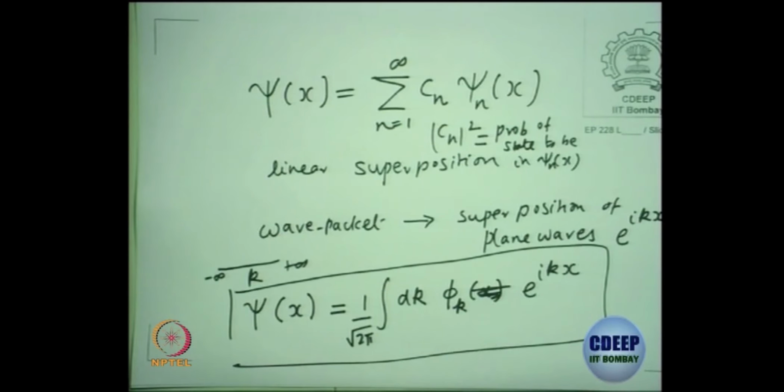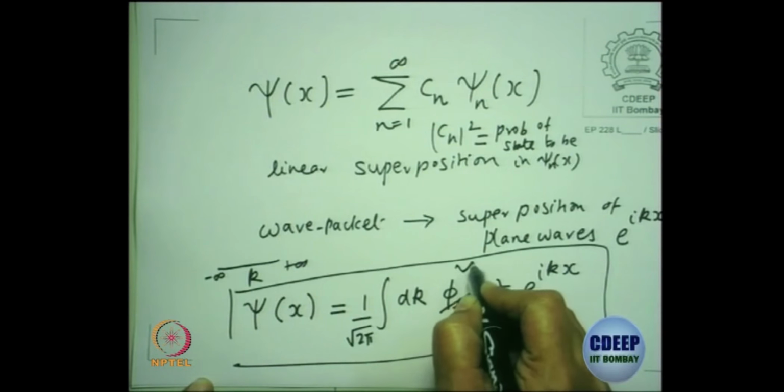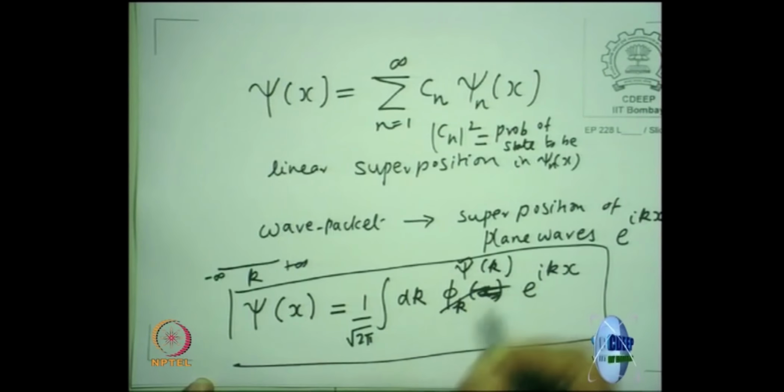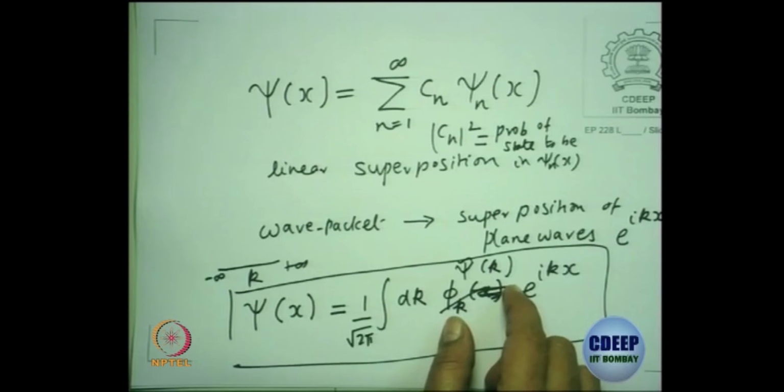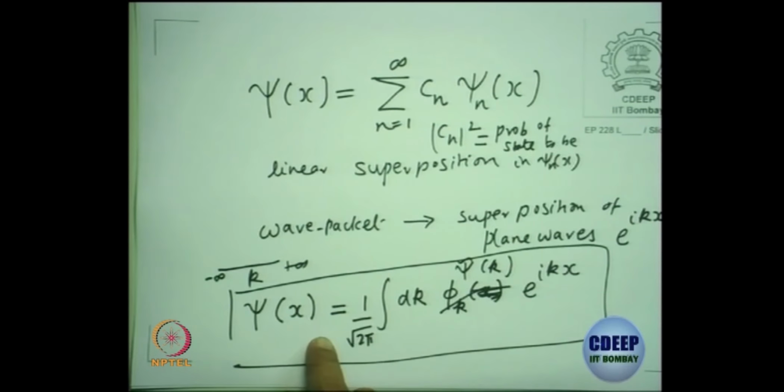So formally in all your Fourier transforms, you typically would have replaced this by a psi tilde of k. And you will call psi tilde of k the Fourier transform in the momentum space of psi of x. And there are various other properties of Fourier transforms, you know, right?